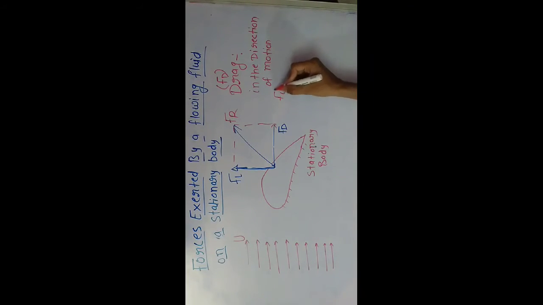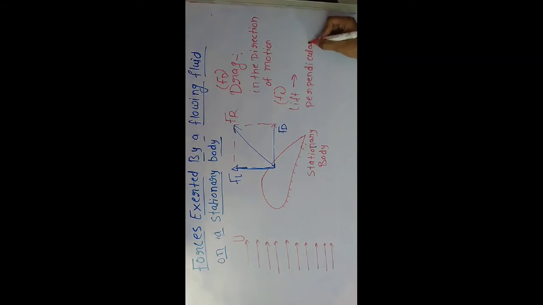Lift force, it is FL, and it is perpendicular to the direction of motion, perpendicular to the direction of motion. So these are the two important forces exerted by flowing fluid on a stationary body. One, it is drag force, another it is lift force.